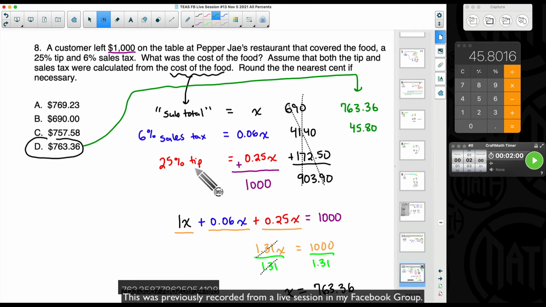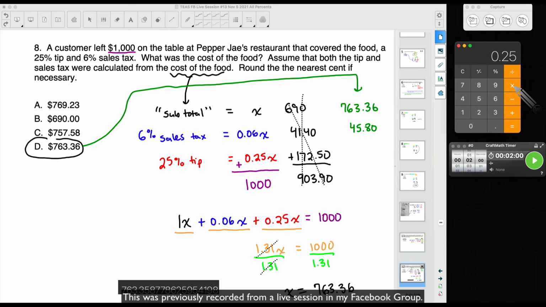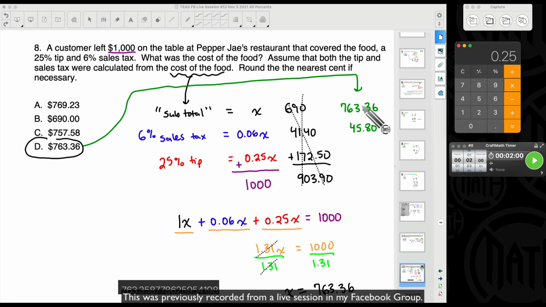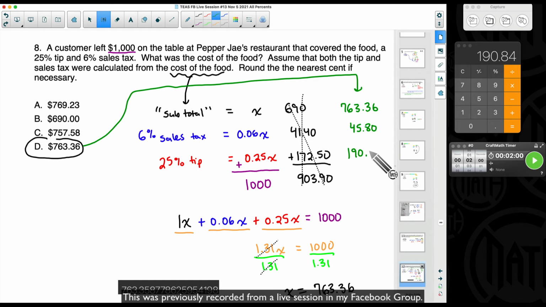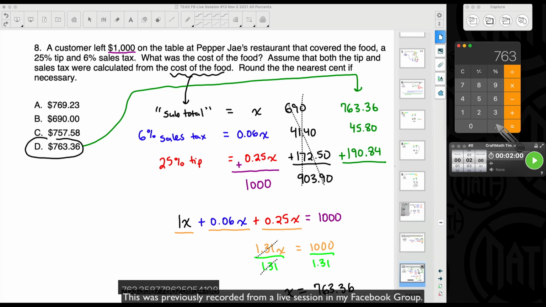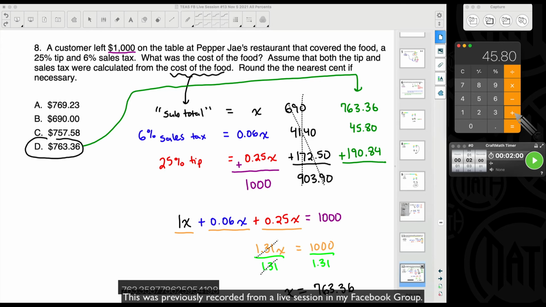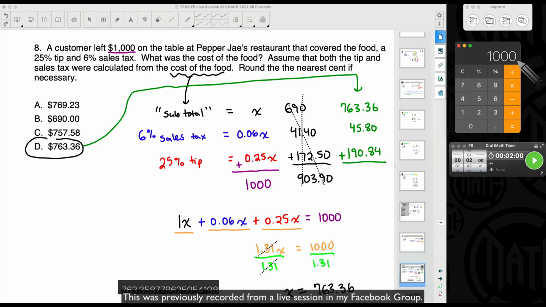If we find the tip, we take 25% of this cost. So let's take 25% of that subtotal, 763.36. That's $190.84. That's going to be a happy waiter or waitress. That's their tip. Let's add these together and see what we get. 763.36 plus 45.80 plus 190.84, 1,000 bucks.